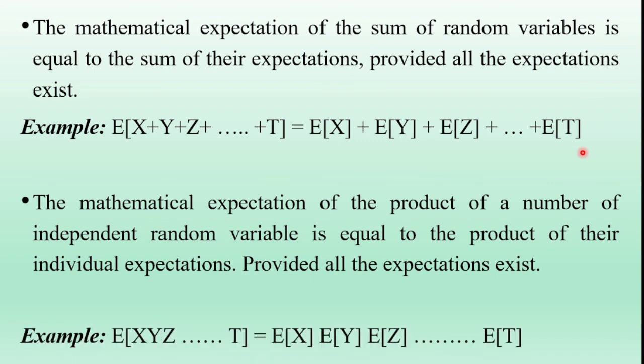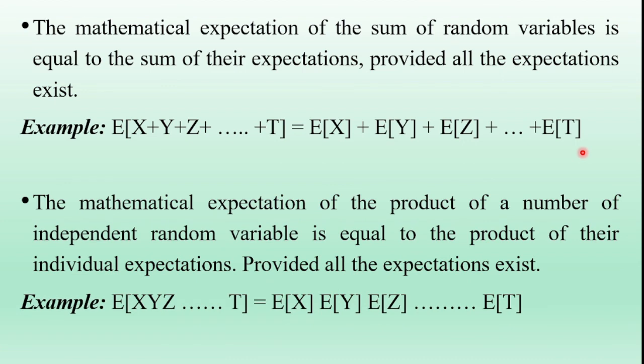For example, if capital X, capital Y, capital Z, and so on up to capital T are n independent random variables, then the expectation of x, y, z, and so on up to t is equal to the expectation of x into the expectation of y into and so on the expectation of t. So these are some important properties of expectation.